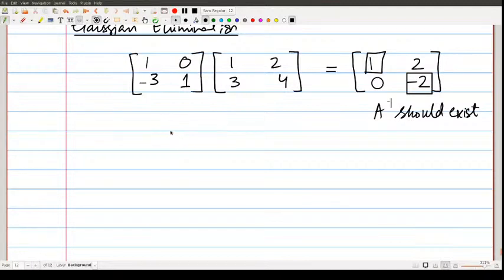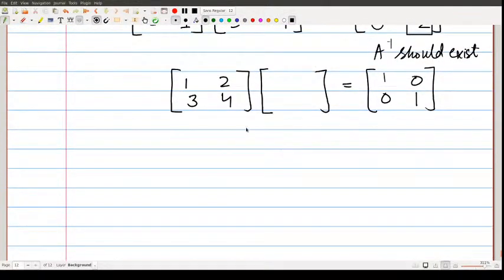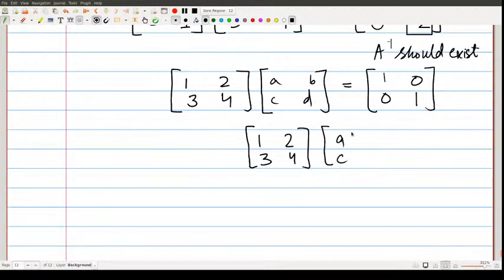So how do I find A inverse? One way is to try to solve this: 1, 2, 3, 4 multiplied with A inverse gives me 1, 0, 0, 1. So this is a, b, c, d, and you're basically solving two different systems. The first system is 1, 2, 3, 4 times the column (a, c) giving you 1, 0.